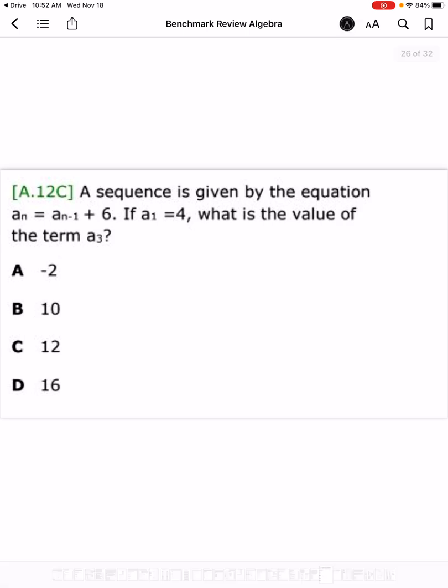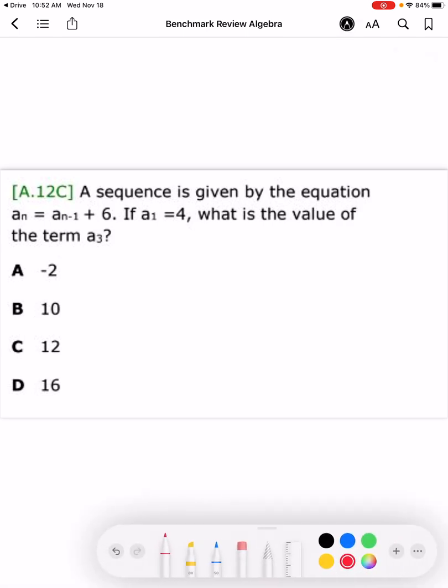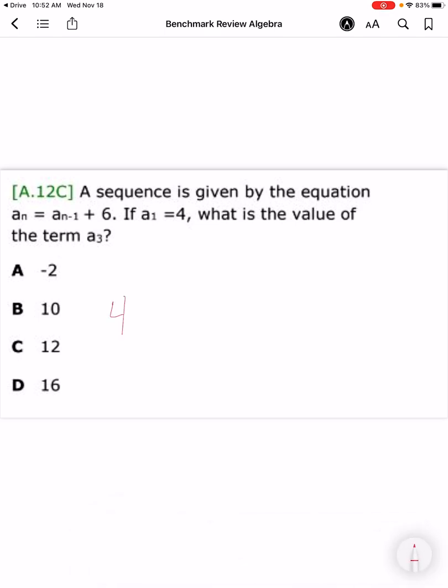Okay, again on a sequence, every sequence we're looking for A1. A1 is our first number, so the first number is 4. And then our equation tells us what happens to 4 every time: we add 6. So 10, 16, 22. And it asks us to find the value of A3, which is the third number.